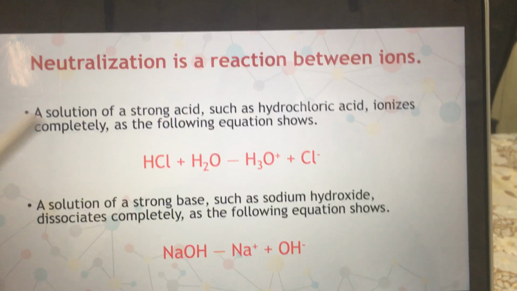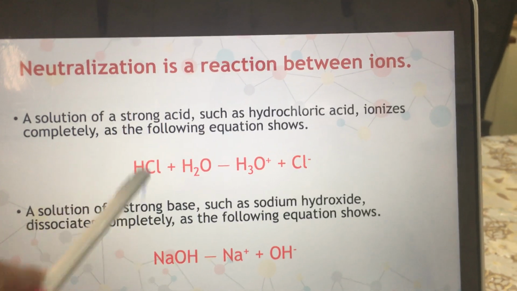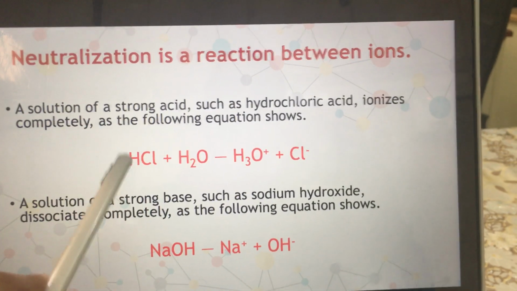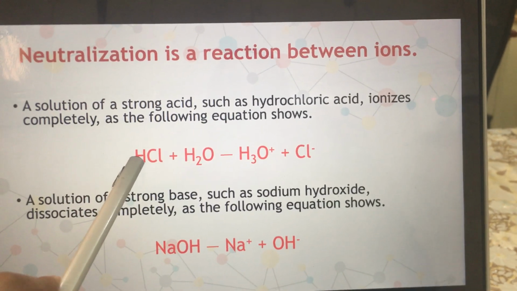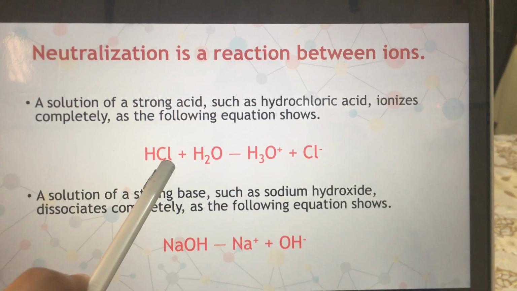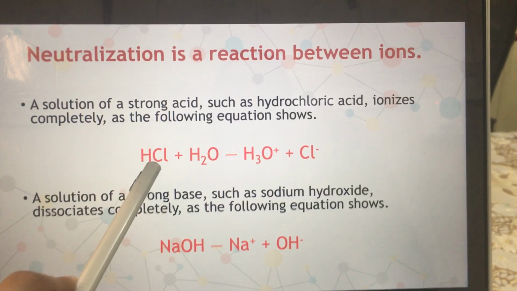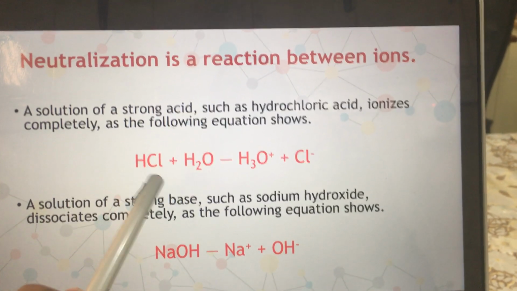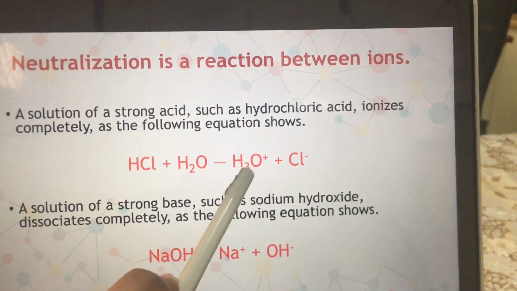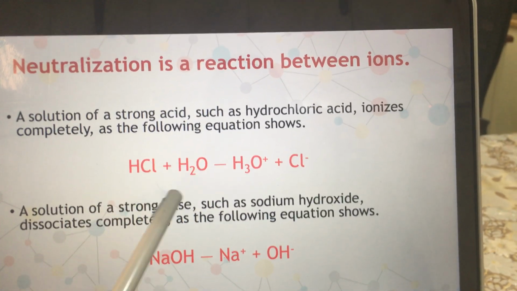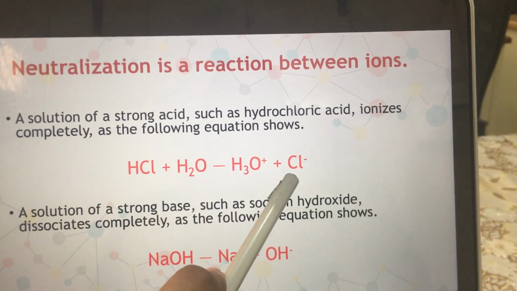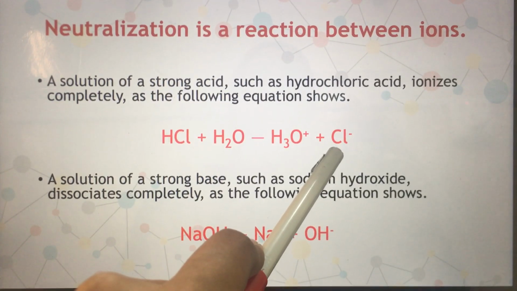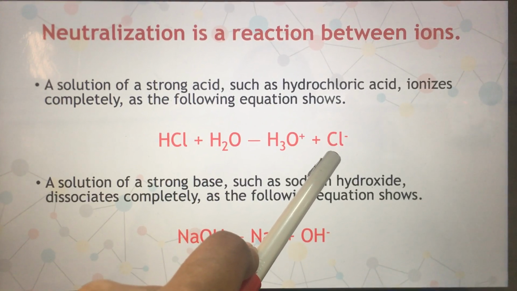I told you before, we can divide an acid into two parts, the positive part and the negative part. The positive part is hydrogen ion. The negative part is chloride ion. When a strong acid is dissolved in water, the hydrogen ion will react with a water molecule to form hydronium ion, and the chloride ion will come out as it is, negative chloride ions. This is how a strong acid ionizes completely, as we explained before.